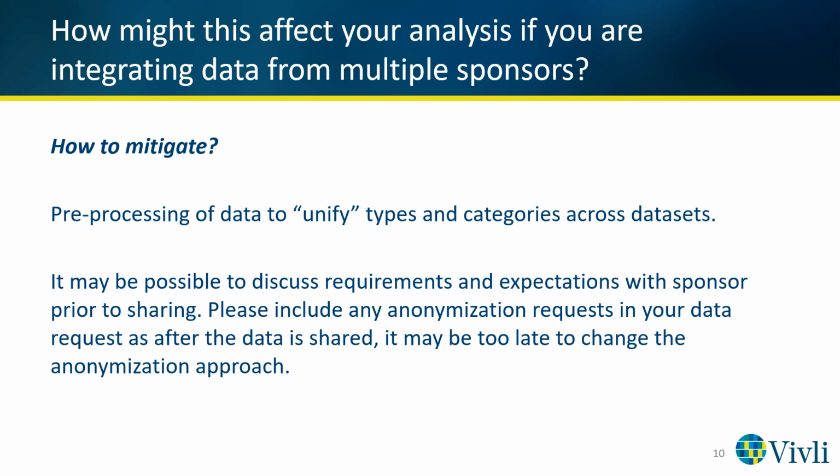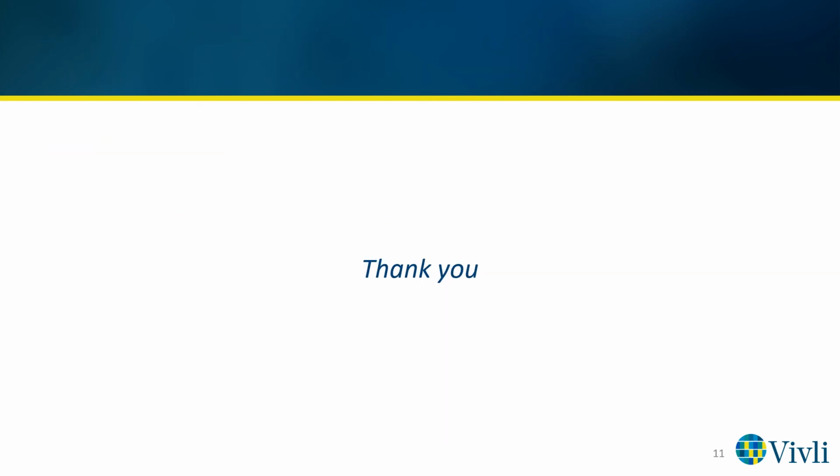But remember that you need to include any anonymization requests in your data request, as after the data is shared, it may not be possible to change the anonymization approach and the way that the values are anonymized and modified. Thank you.